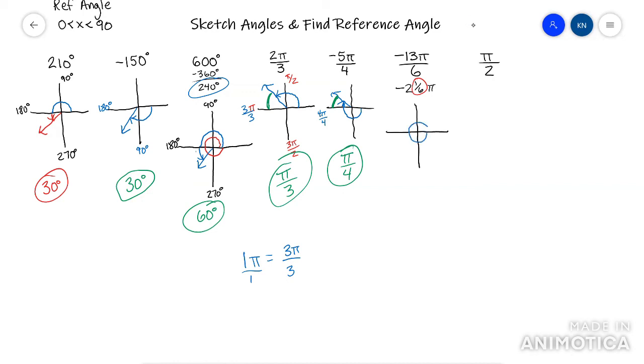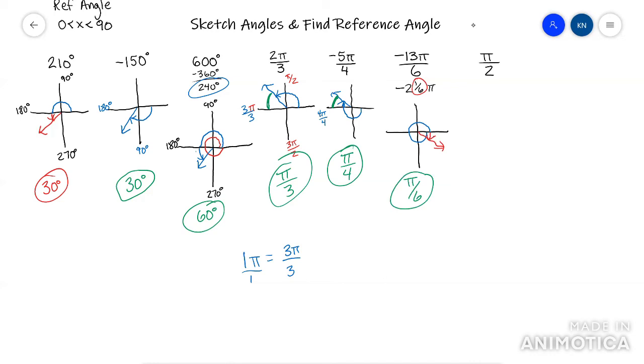I do a full loop, which is my negative 2 pi portion of it. But then I still have to go 1/6 pi. So this is what this angle would look like. And in terms of reference angle, the quickest way back to the x-axis would be this right here. So you're just asking yourself, how far past 2 pi did I go? Well, I went pi over 6 past it.